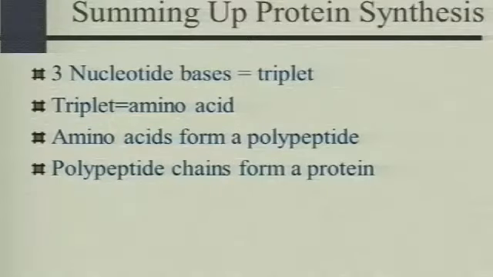It's called a polypeptide because there are multiple peptide bonds. If you don't remember this, review chapter 2. There are peptide bonds between those amino acids. Long chains of amino acids form a protein. The way that we got this sequence of proteins is from the DNA.